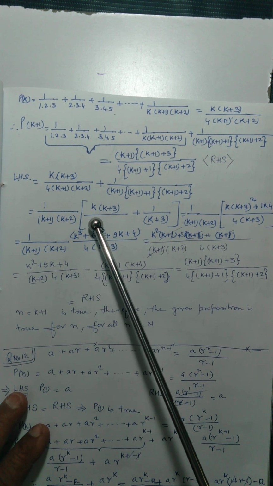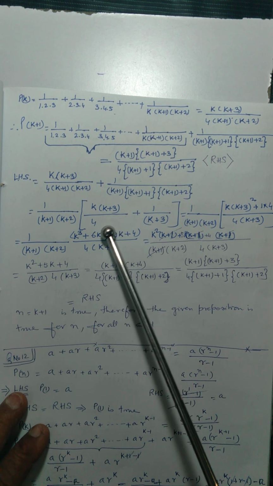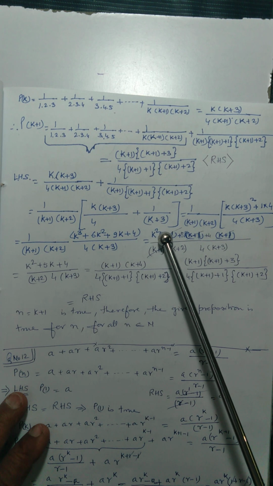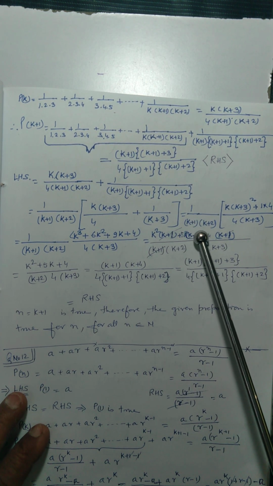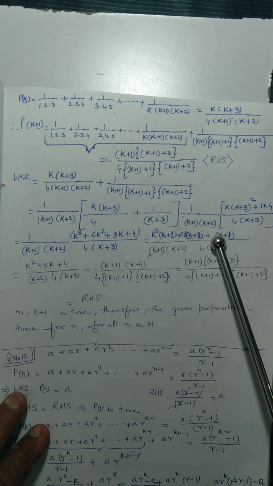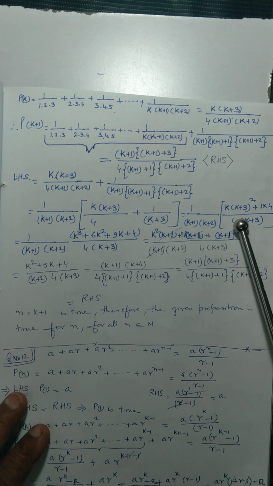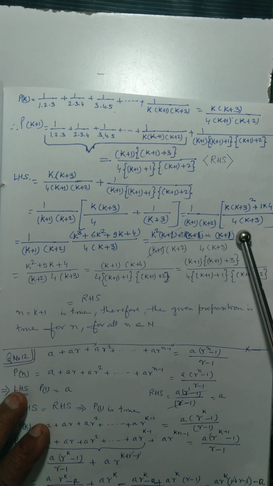The remaining is k into k plus 3 upon 4 plus 1 upon k plus 3. Solve it. Here we will get 1 upon k plus 1 into k plus 2, inside the bracket, you see, k plus 3 whole square plus 1 into 4, whole divided by 4 into k plus 3.